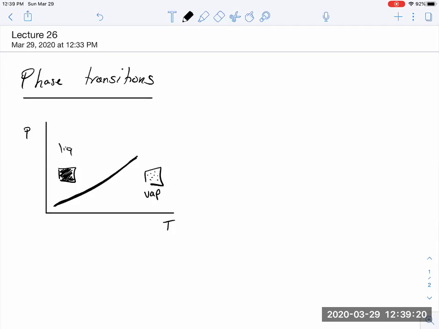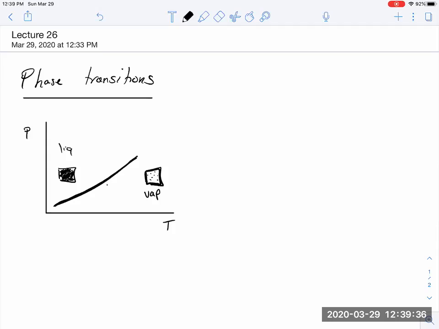So let's remind ourselves by thinking of the question: what happens if I take this vapor, which I know I'm going to find over in that region of the phase diagram, or the liquid over in that region?